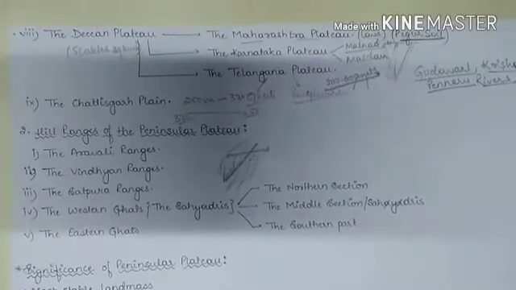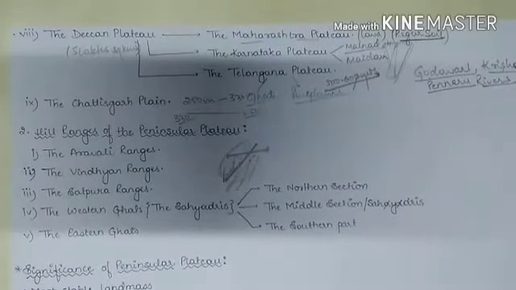Now the general elevation, if we look into the general elevation of Aravallis, it is only about 400 to 600 meters, but these ranges rise about 1000 meters in some areas. Now the elevation of Aravalli ranges is lower between Delhi to Ajmer.